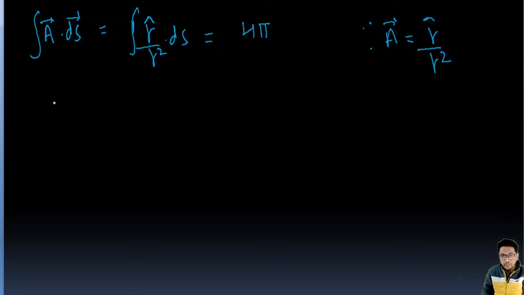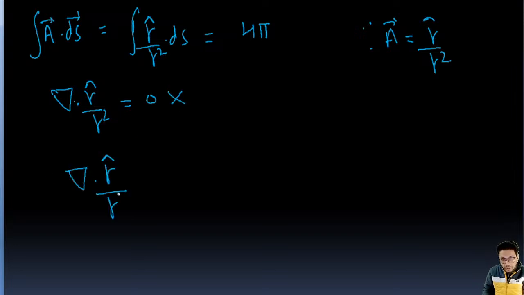But when we solved the divergence of r cap upon r square, we were getting 0, which was not correct. So here we'll solve this using the Dirac delta property. So the divergence of r cap upon r square is 4 pi del cube r, right?